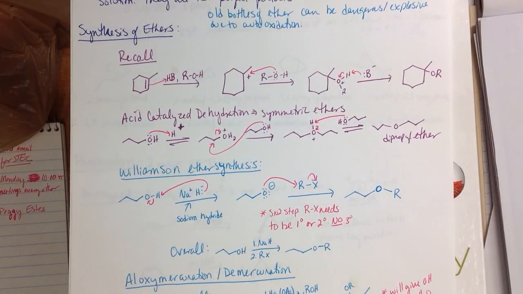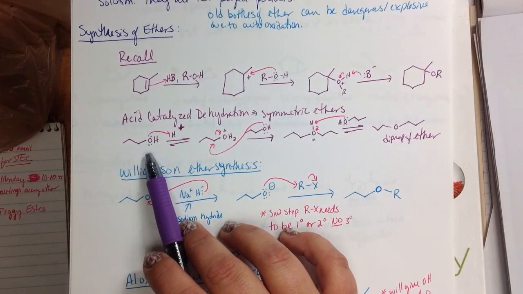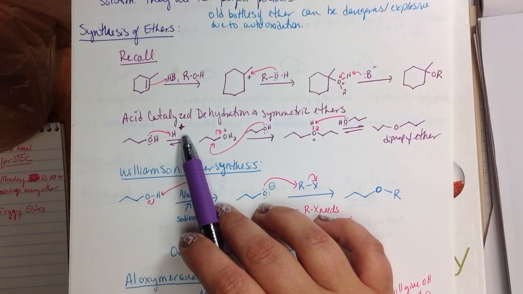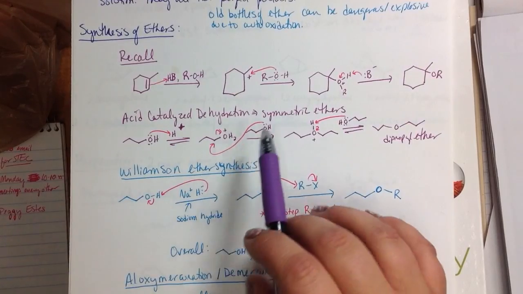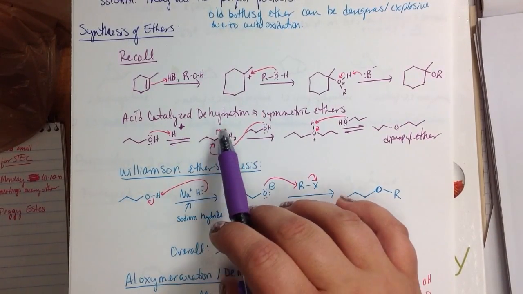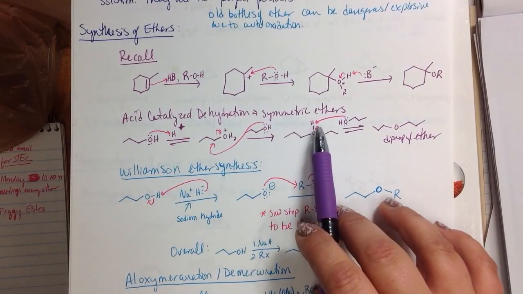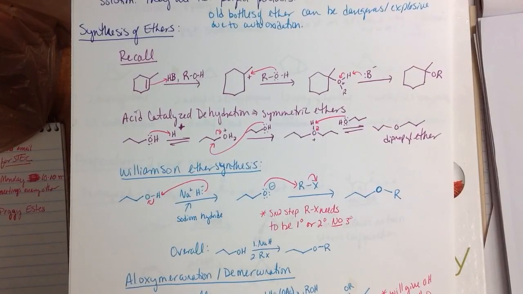But another way to synthesize a symmetric ether would be through just some acid. So this would be propanol with some acid, which comes and grabs that. Another propanol molecule could then come in here and force that water molecule out, leaving behind the hydrogen.